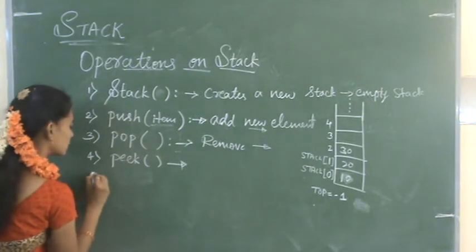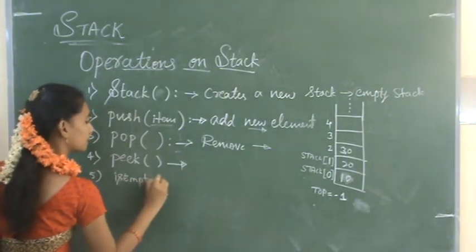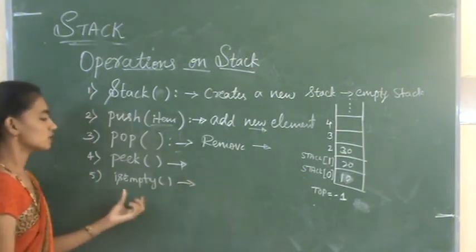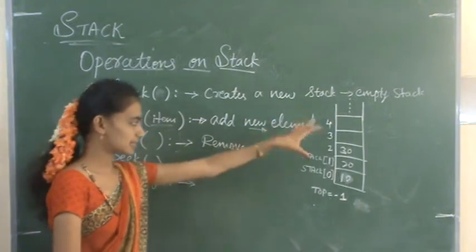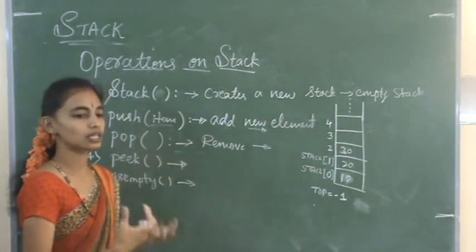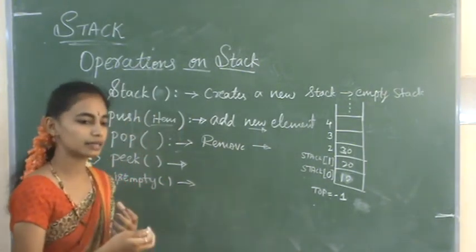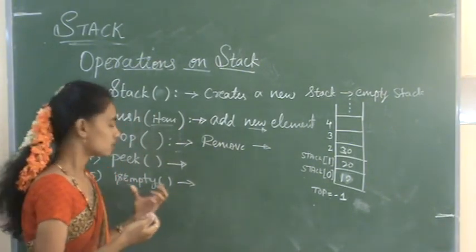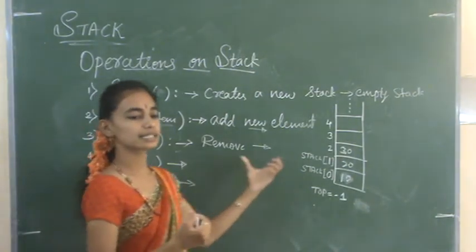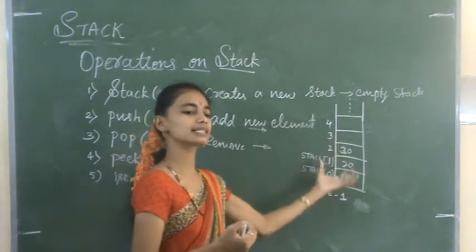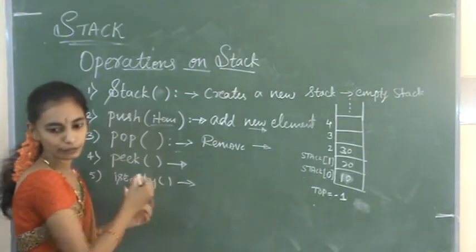The next function is isEmpty. This isEmpty function checks whether the stack is empty or not. If you want to delete an element, first we need to check whether the stack contains elements or not, right? For that we use the isEmpty function.